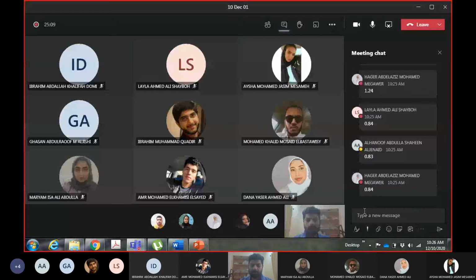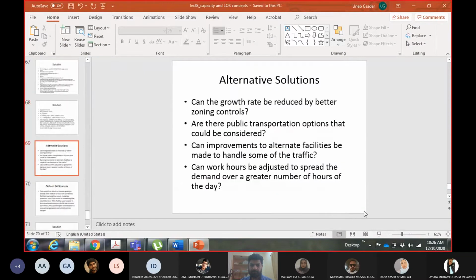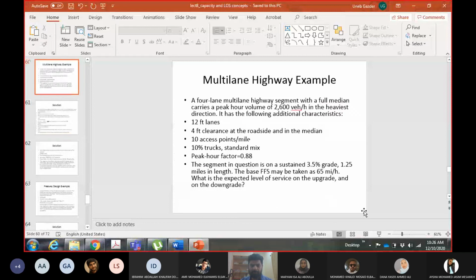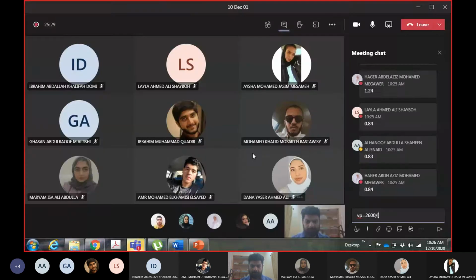So VP is 2600 divided by, I need the peak hour factor. Peak hour factor 0.88. 2 lanes in each direction again. Multiply by the adjustment factor.